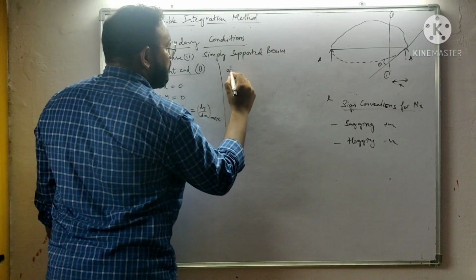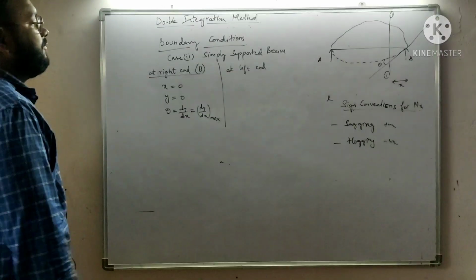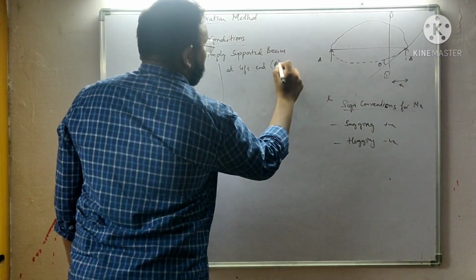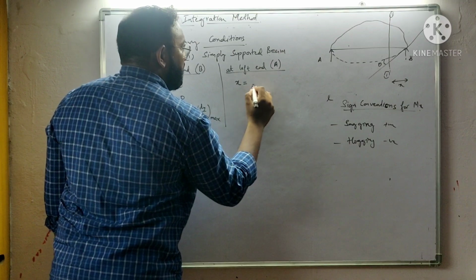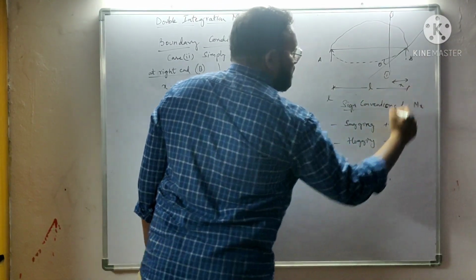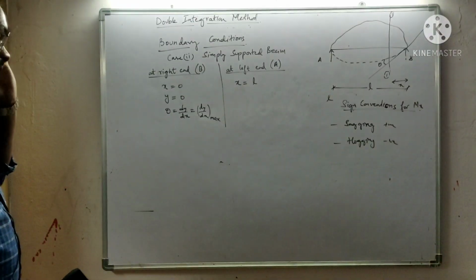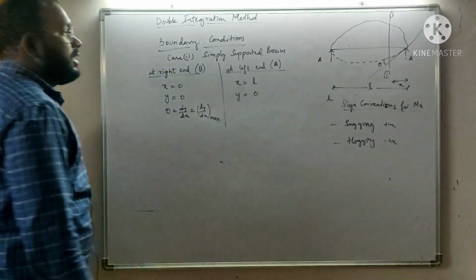Similarly, if I move towards the left end, which is A, x will be equal to L, the complete length of the beam. X is measured from the right end, so moving towards A, x will be L. What about y? Y is 0.